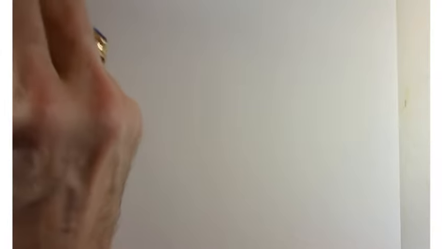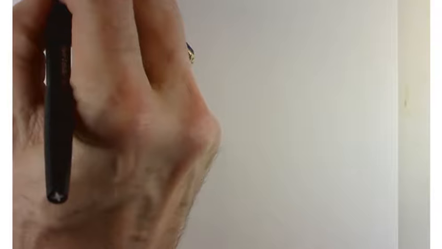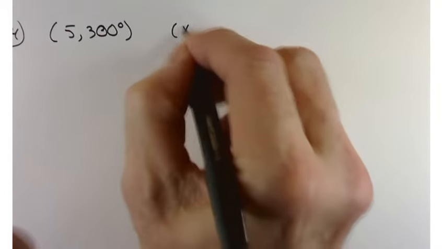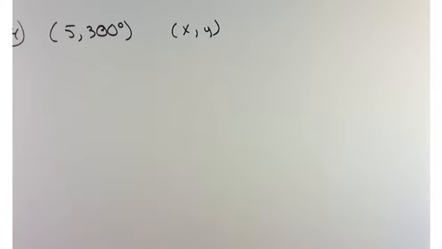Okay. One of the things you're going to be asked to do quite often is convert back and forth between polar coordinates and rectangular coordinates. Problems like number 44. You've got the point 5 and 300 degrees. We want to know, well, what's that point in x and y coordinates? Well, there's a couple ways you can do this. You could draw some triangles.